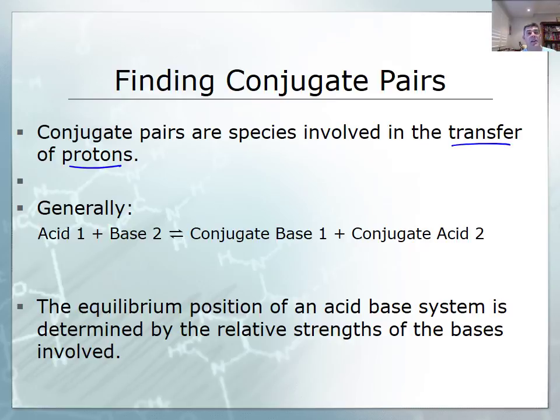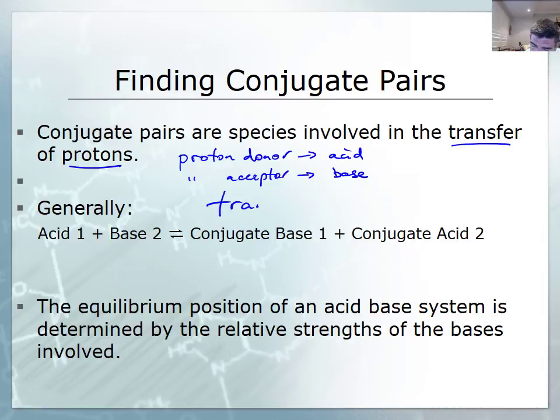We've said previously that our Bronsted-Lowry definitions are based on the transfer of protons: one species being a proton donor, equivalent to our acid, and one species being a proton acceptor, our base. Because this is a transfer reaction, the proton must go from one species to another, so our H+ is going to come from our acid to our base.